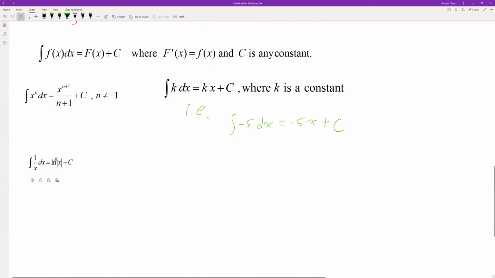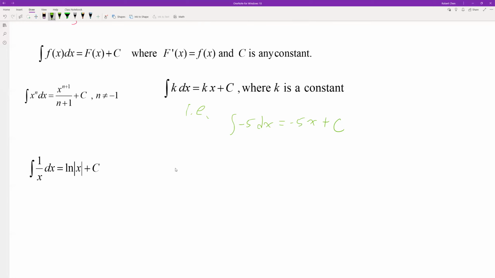Next, we have integral of 1 over x. Right. So remember that the derivative of ln x pushes the x into the denominator. Sorry. So we're doing the opposite. If we have 1 over x with x in the denominator, then the integral of that is just ln of absolute value of x plus c.